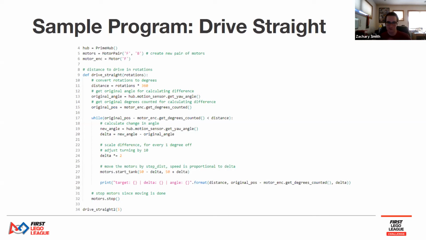But the new version uses the speed to change it. So this would be 50 minus delta, 50 plus delta. That'll create a differential on the motors. So if the difference in the angle is 0, it won't turn at all. But as the delta between the two angles grows, it'll turn left or right appropriately using this.